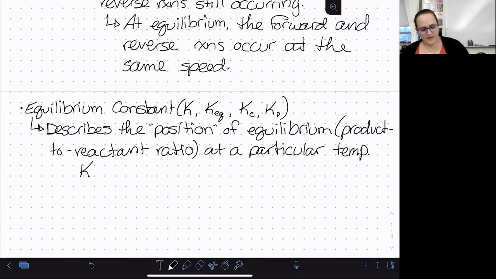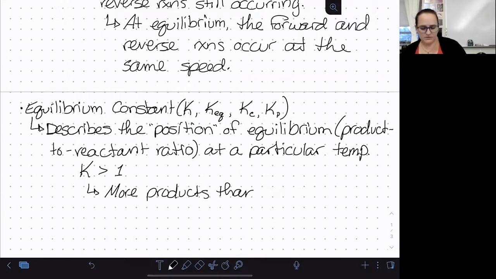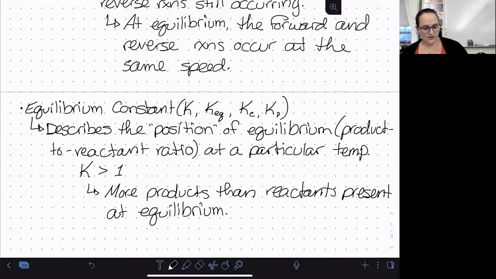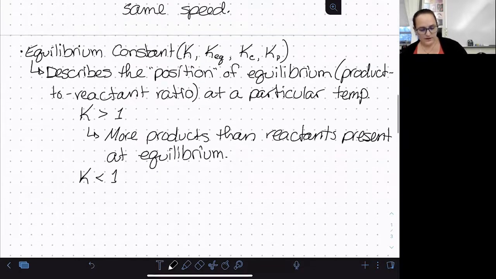So when the value of K is greater than 1, again, this is essentially a ratio of products over reactants, that means we have more products than reactants present at equilibrium. And when K is less than 1, that means we have more reactants than products present at equilibrium.